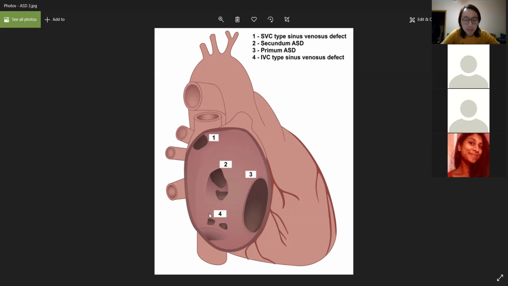Inferior sinus venosus defect accounts for less than 1%, quite rare. Now, the last type, or the fifth type of atrial septal defect, is newly discovered. It is called unroofed coronary sinus.